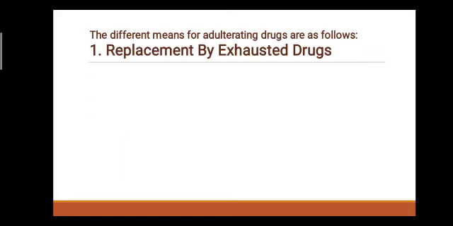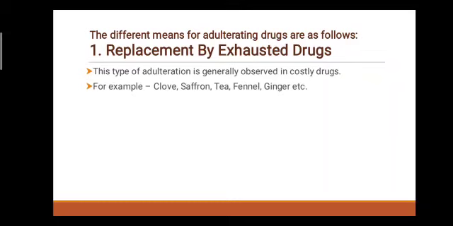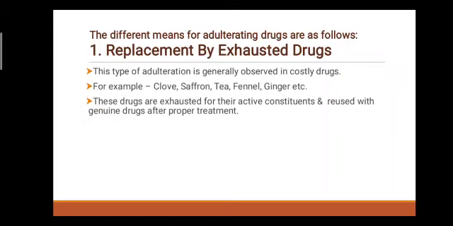The different means for adulterating drugs are as follows. First one, replacement by exhausted drugs. This type of adulteration is generally observed in costly drugs, for example clove, saffron, tea, fennel, ginger, etc. These drugs are exhausted of their active constituents and reused with genuine drugs after proper treatment.